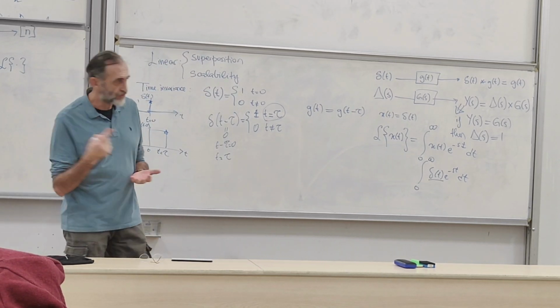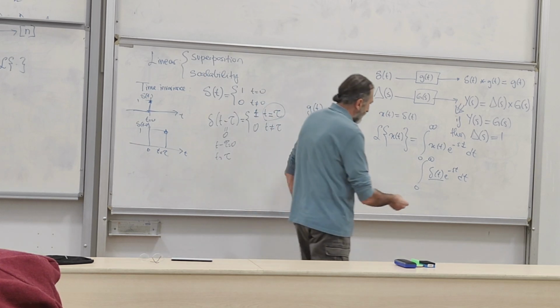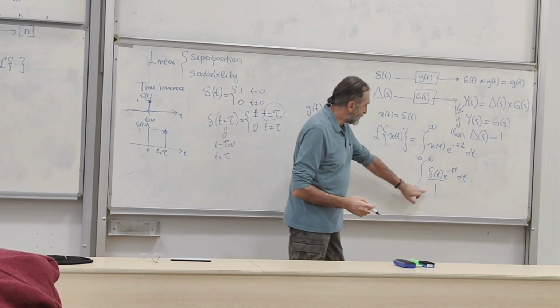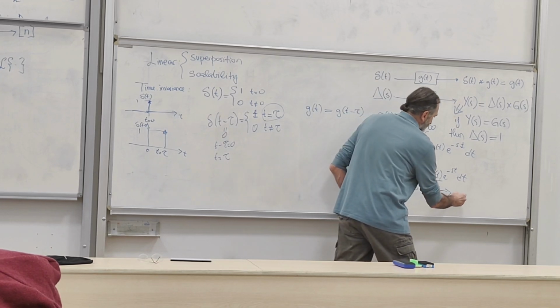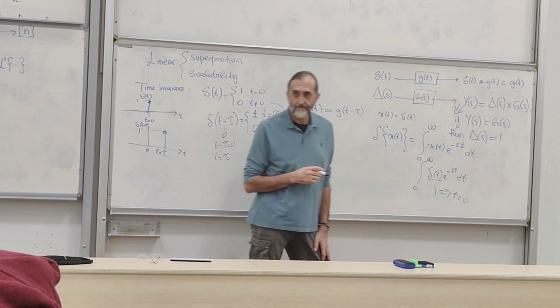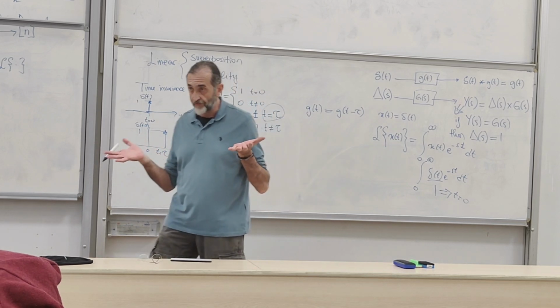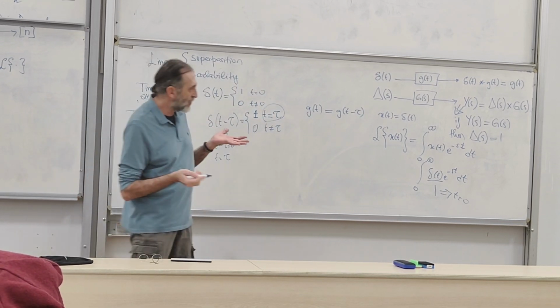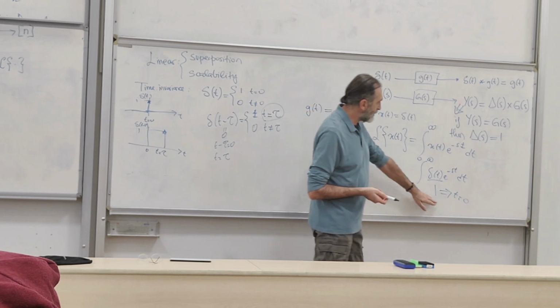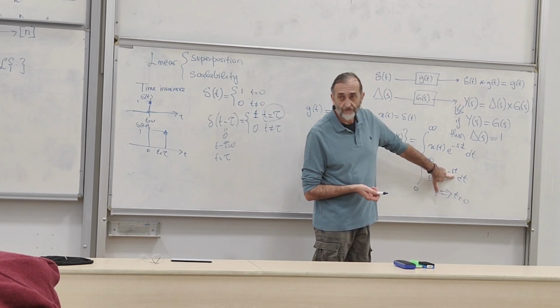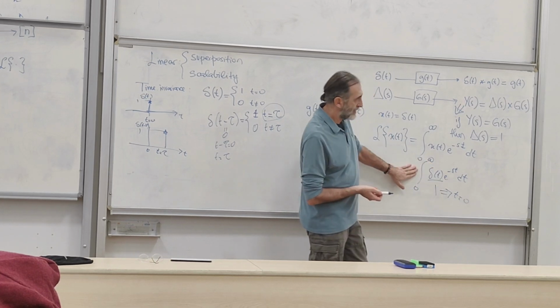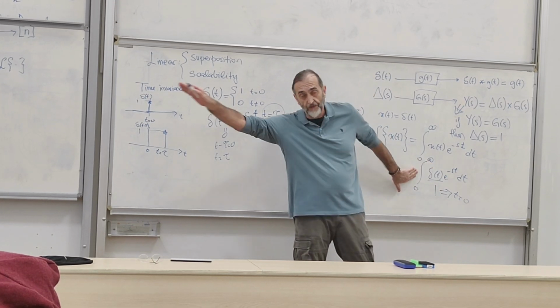So I put 1 in here, which means that I'm implying that time is equal to 0. Otherwise it would be 0. Got it. So if time is equal to 0, this becomes e to the minus s0, which is what? 1. And the whole integral has disappeared because I don't need all the time.